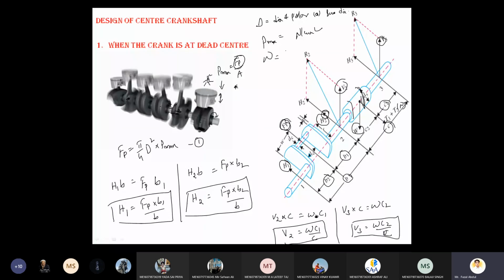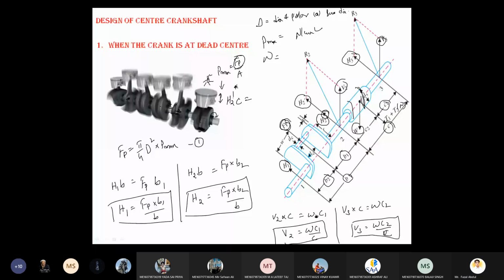There will be two components, that is H2 dash and H3 dash. Now what is H2 dash? I'm calculating by taking moment about this one. H2 dash into total C equals T1 plus T2 into C1.